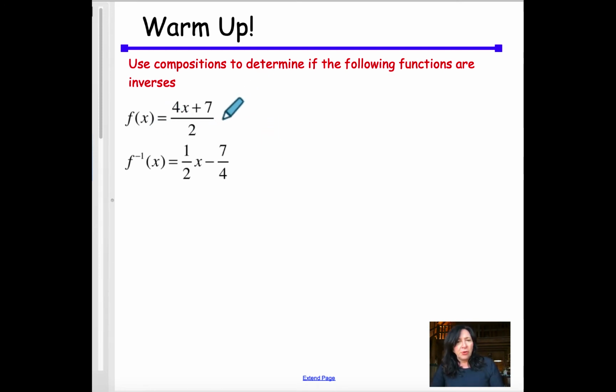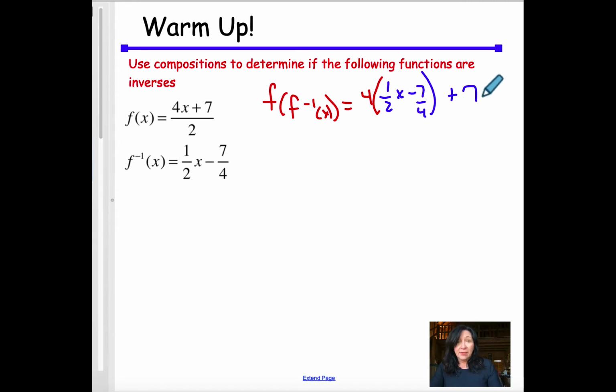The first thing we're going to do is plug f of -1 into the x for here. So this whole quantity gets put in there for x. It looks like this: f of -1 of x is equal to 4 times, and I'm going to put this in blue, 1/2 x minus 7/4, and then add 7.